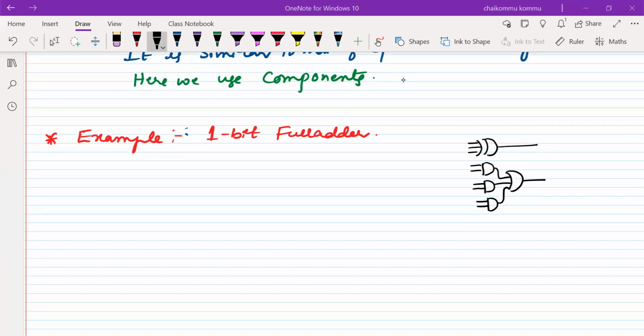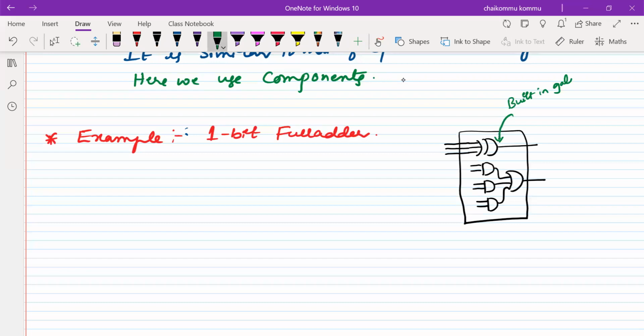Okay, fine. So this is the circuit actually, consisting of A, B, C, something like this. Whatever gates we are considering here are called built-in gates or built-in primitives.